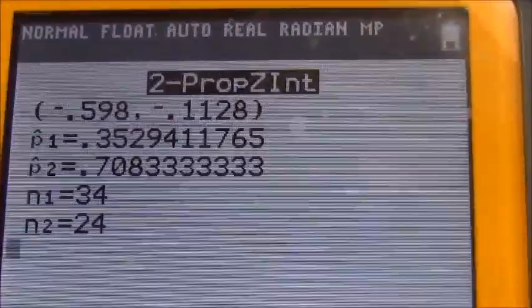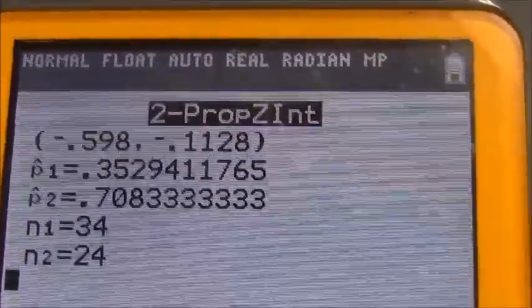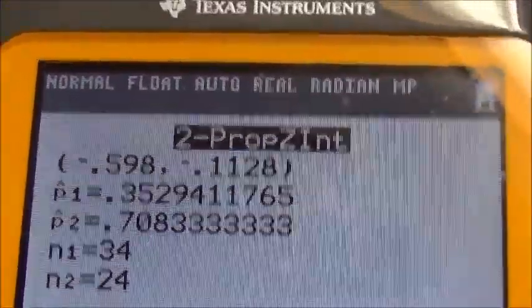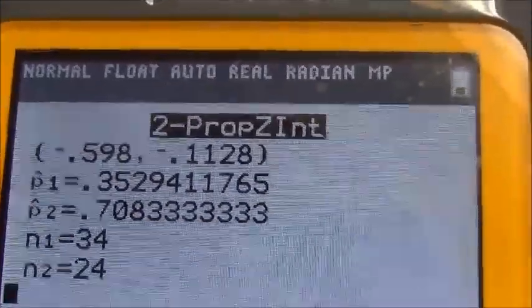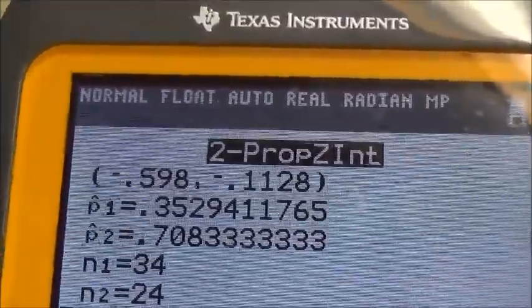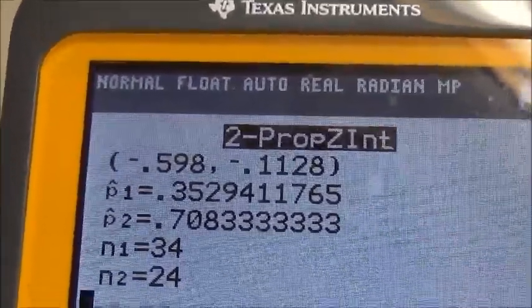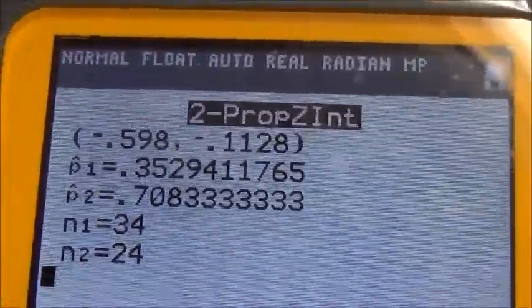So in this case, is 0 in between 2 negative numbers? No, 0 is not in there.